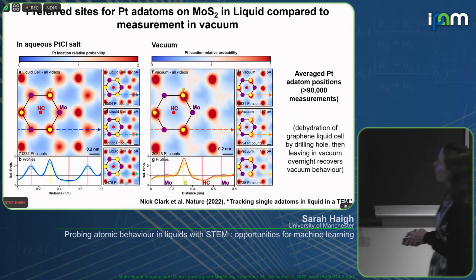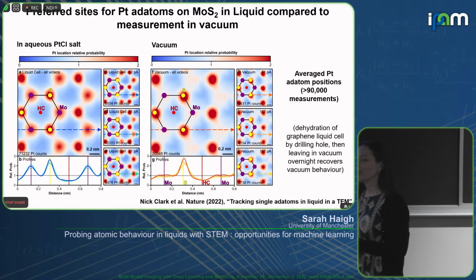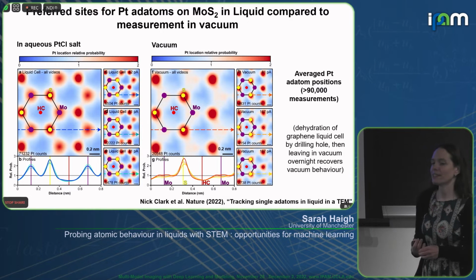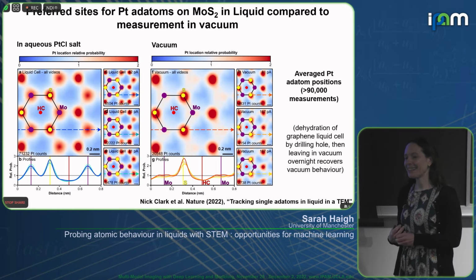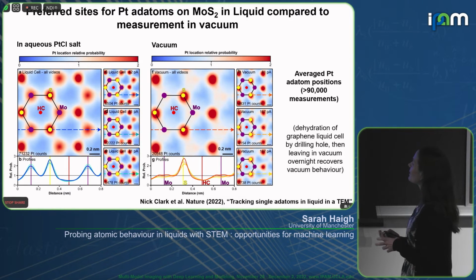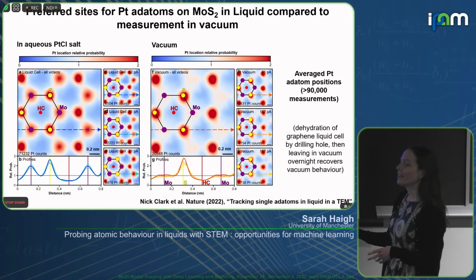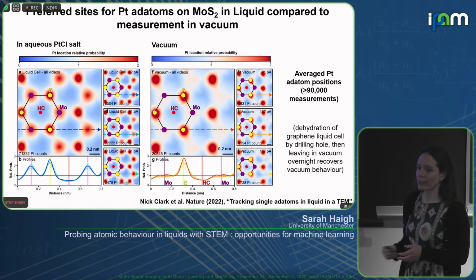And rather heroically, Nick has used conventional pattern matching approaches to analyze many data sets. So we have 40 data sets, they all have hundreds of images, and this is incredibly time consuming to analyze. But with 90,000 atomic measurements, we can now compare the preferred positions for platinum atoms on molybdenum disulfide in an aqueous salt solution as opposed to in the vacuum environment.